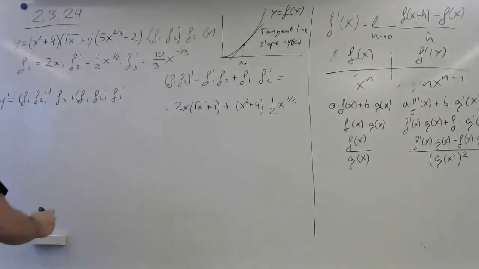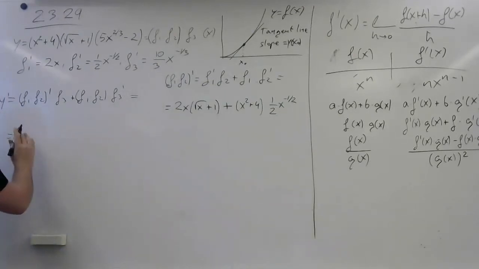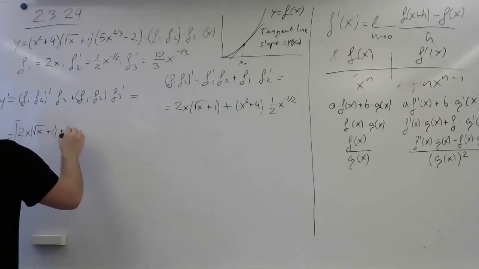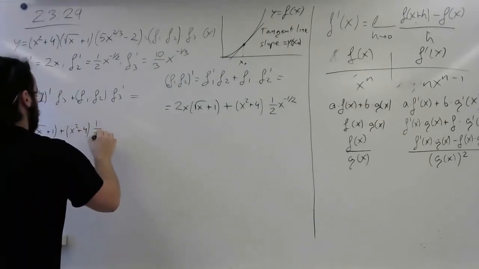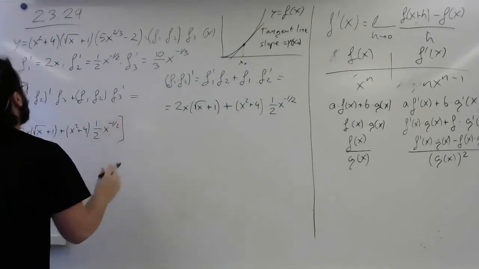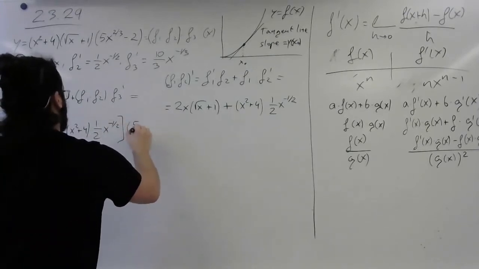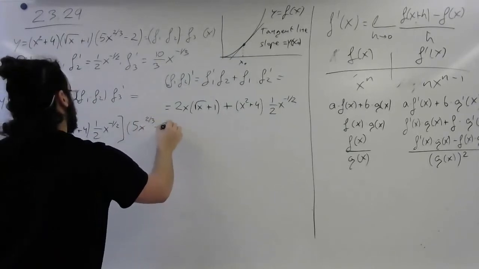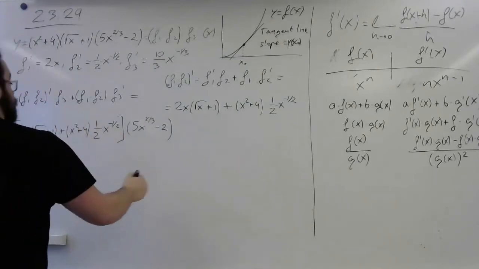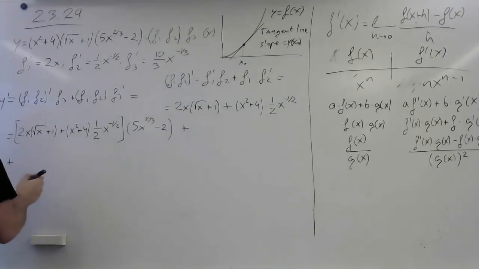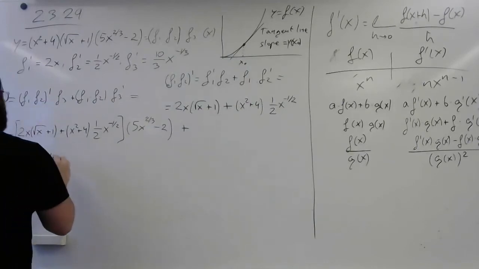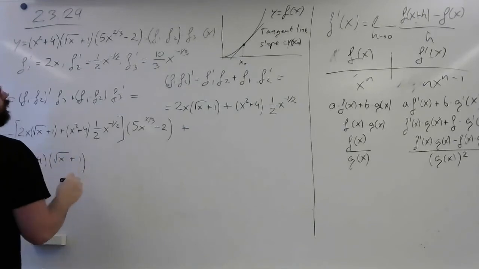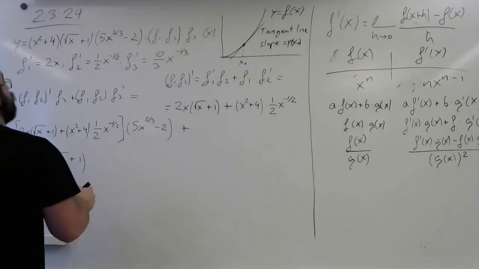So now we can start replacing things in our main equation. And what we have here is times F3, plus F1, F2 times F3 prime.